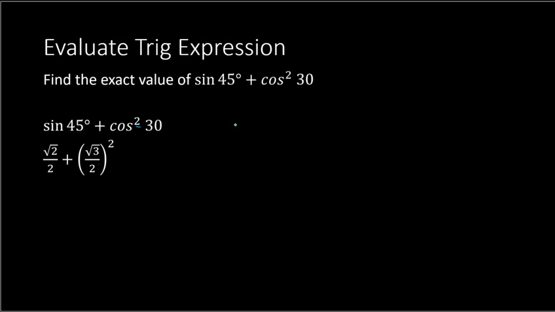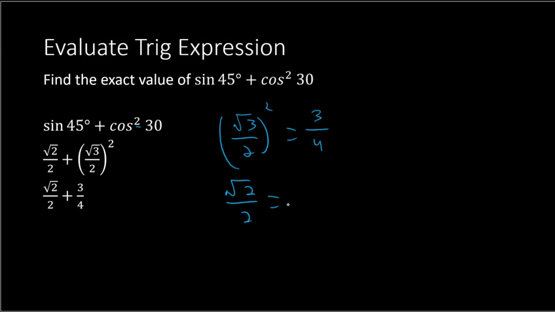If you do the square root of 3 over 2 squared, we have the square root of 3 squared, which is 3, and then 2 squared, which is 4. So now we have the square root of 2 over 2 plus 3 over 4, and then we can combine this into one fraction. The square root of 2 over 2 we can write as something over 4, so that we can add it with 3 over 4.